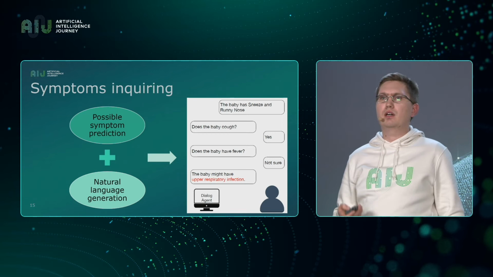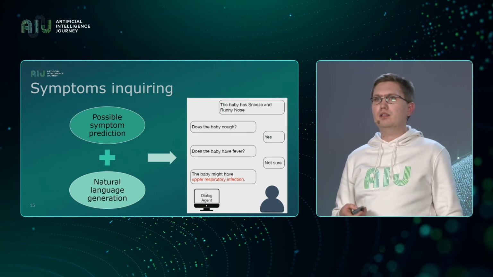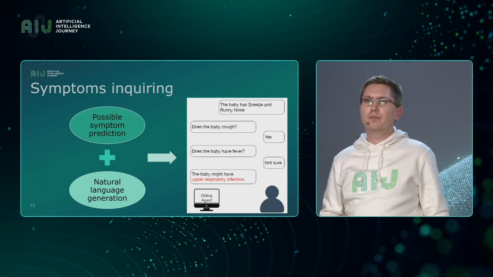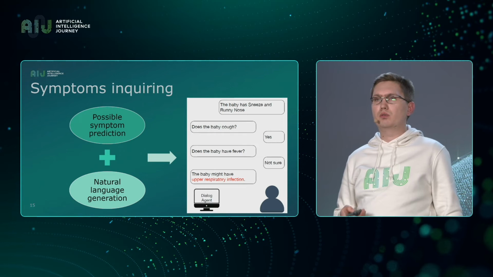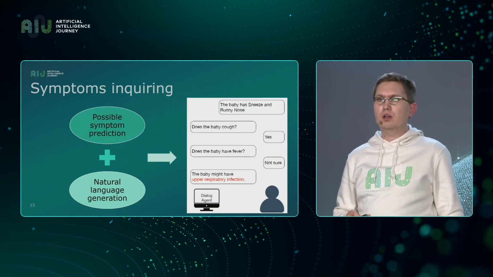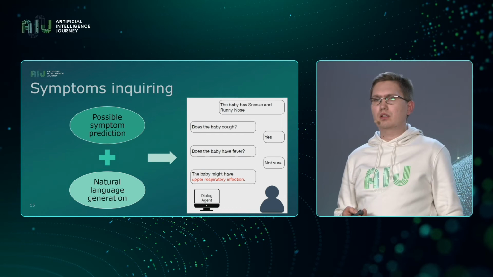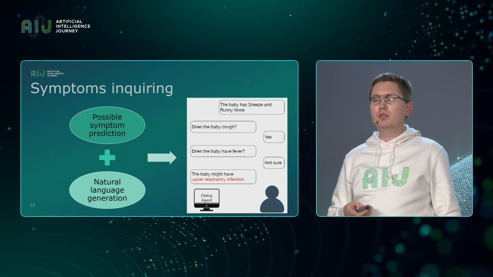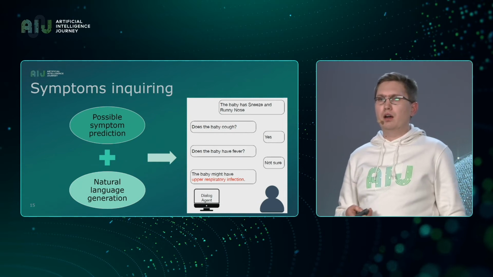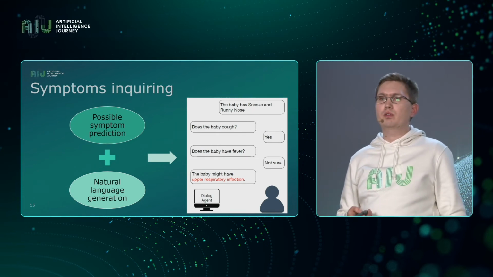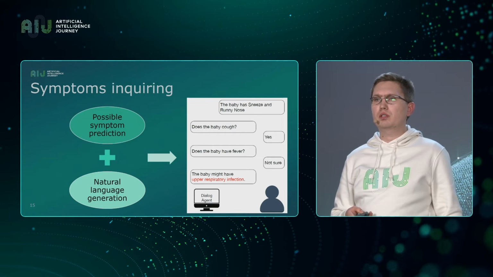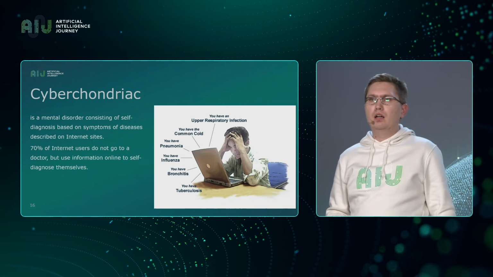So what sort of questions do we need to ask the patient to set the diagnosis more clearly? And this module of ours can do it. Initially, it predicts other potential symptoms that the patient may have. Next, it generates a question in natural language. That question we ask to a user. As you may have understood, this module can be used in different sorts of dialogue agents, chatbots.